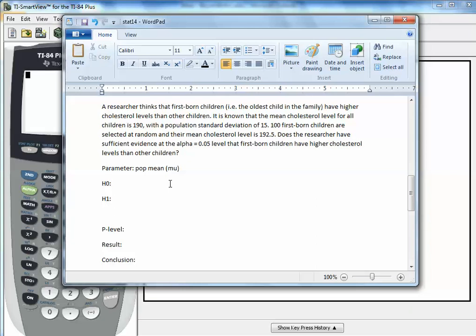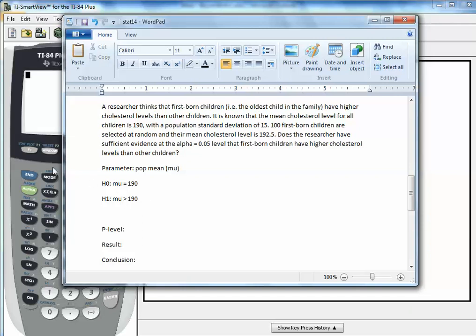Our null hypothesis is that there is no difference, that firstborn children have the same mean cholesterol level as any other children, so the mean is 190. We're testing the hypothesis that the population mean for firstborn children is greater than that.